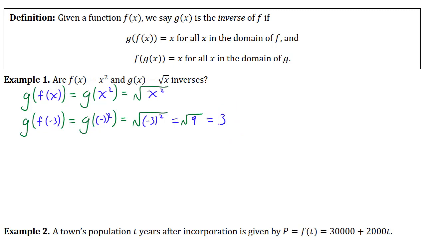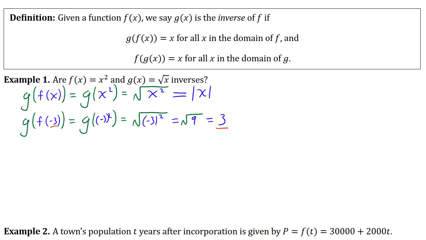It's not negative 3, it's 3. So these are not equal. So in fact, what this does, when you square something and then take the square root, it gives you a positive version of that x. So this is actually equivalent to the absolute value of x. It's not just x.